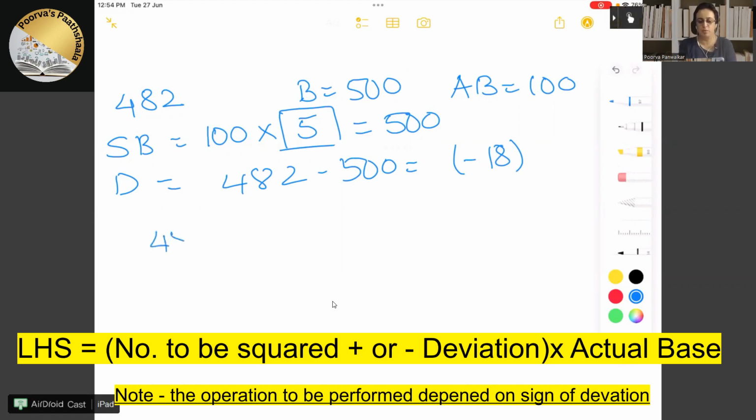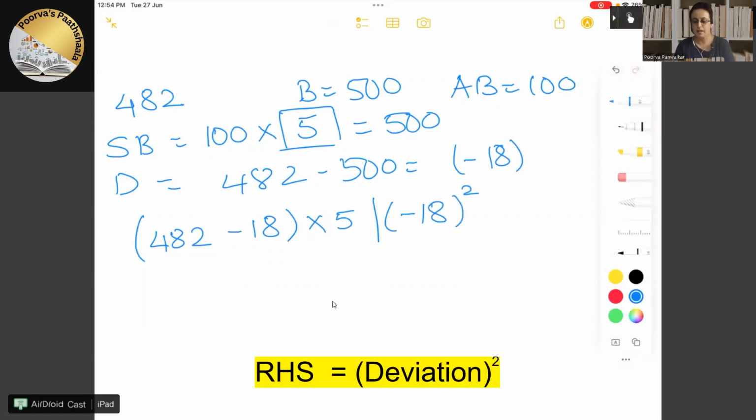That is 482, the number to be squared, minus 18, into the sub base becomes the first part, and minus 18 squared becomes my second term. The square of 18 is 324. And when I solve the first term, it comes out to be 2320.